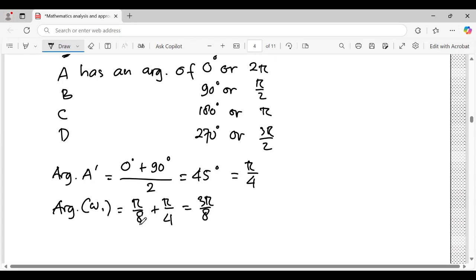Pi over 8 is the angle between the center of the circle and A accent. I will show you the diagram.